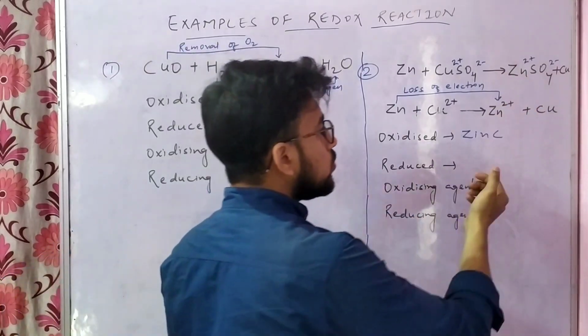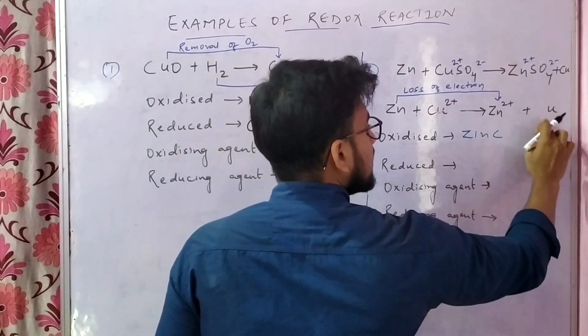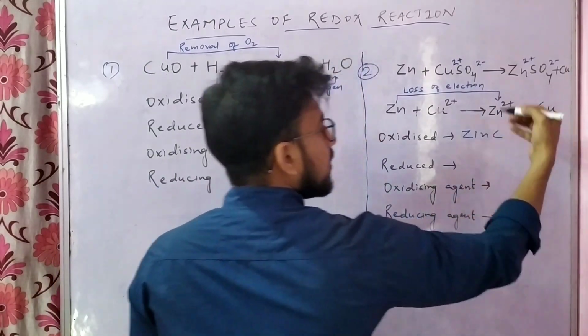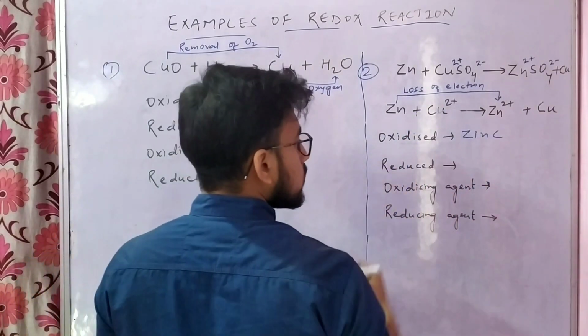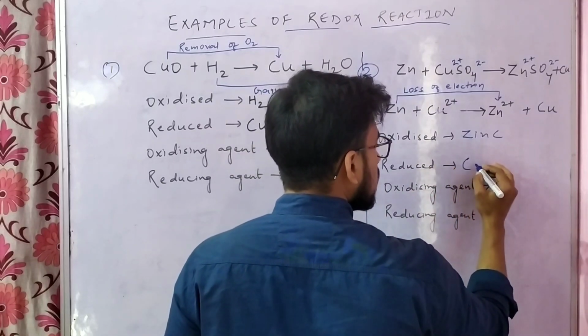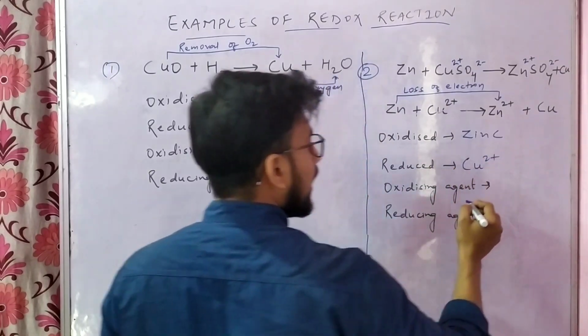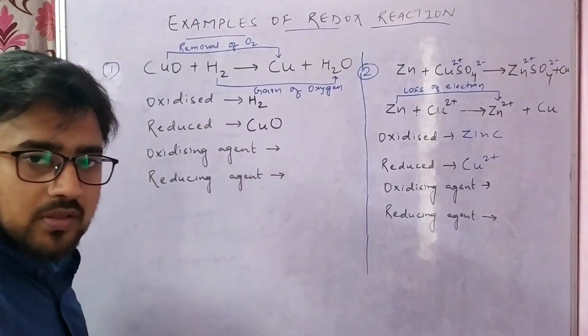It is now neutral, right? So it is gaining 2 electrons and it is becoming neutral. So gain of electron is taking place in the copper. So you can write here that which one is reduced? Cu2 plus. Copper ion is reduced because there is gain of electron. And gain of electron is reduction.